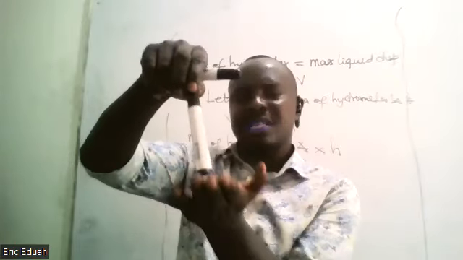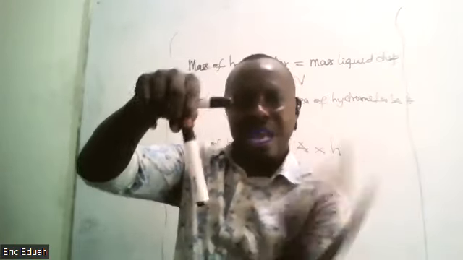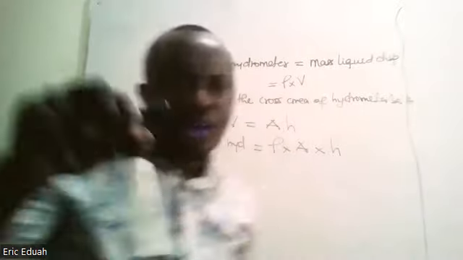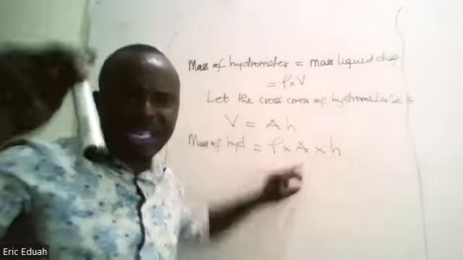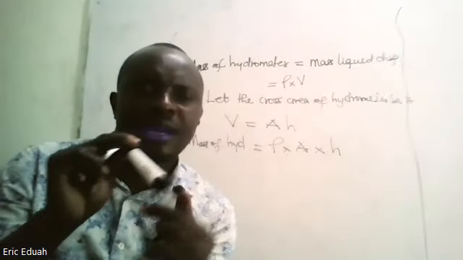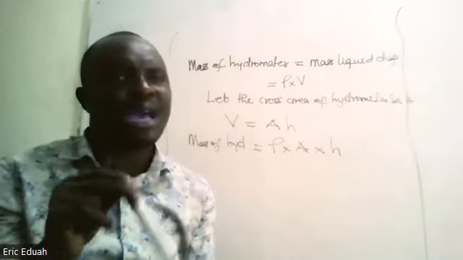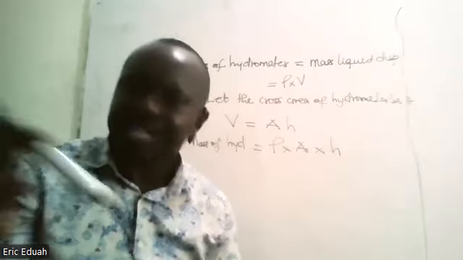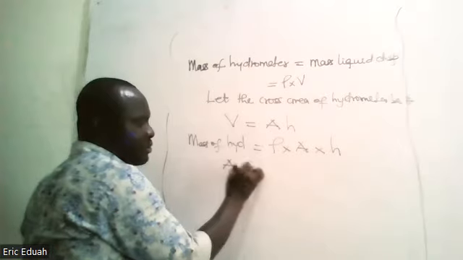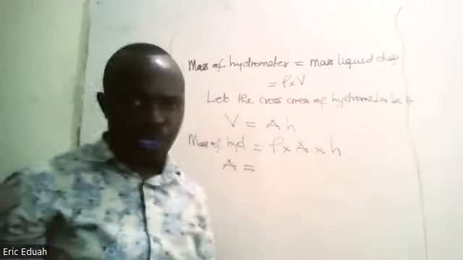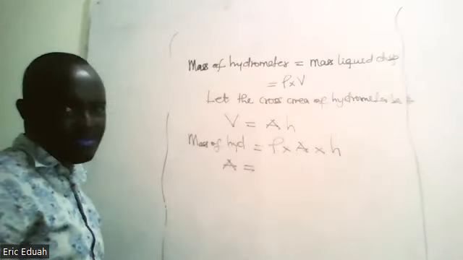Its cross-sectional area is circular. So when we talk about the area of the hydrometer, because it has a circular cross-sectional area, it takes the area of a circle. And what is the area of a circle?